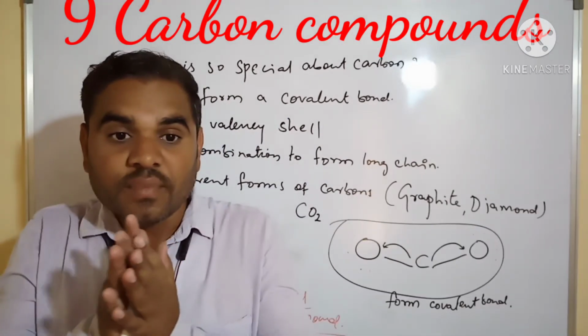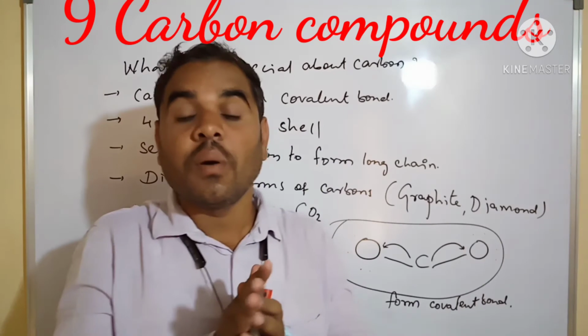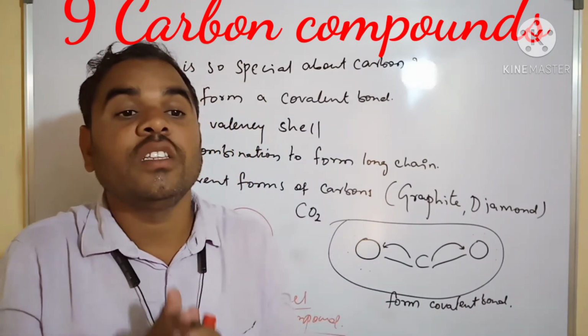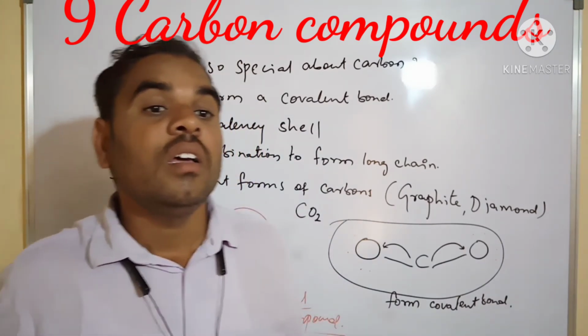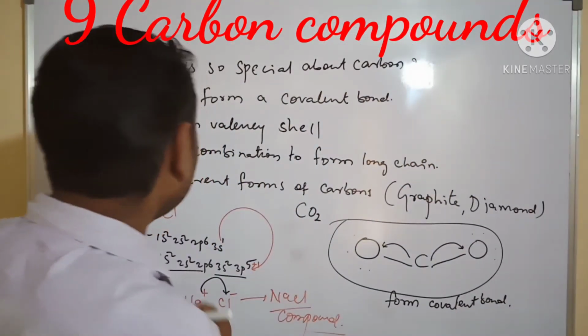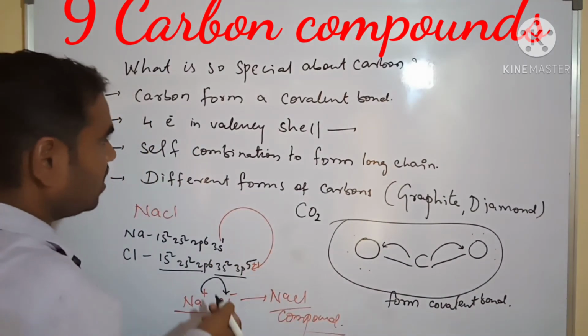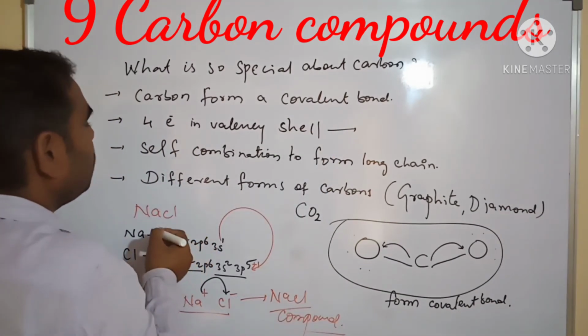They do not need to lose their electrons, they just share. That is why we say carbon forms covalent bonds. And its valency is 4.